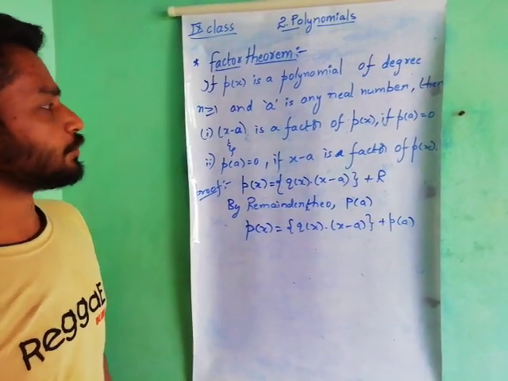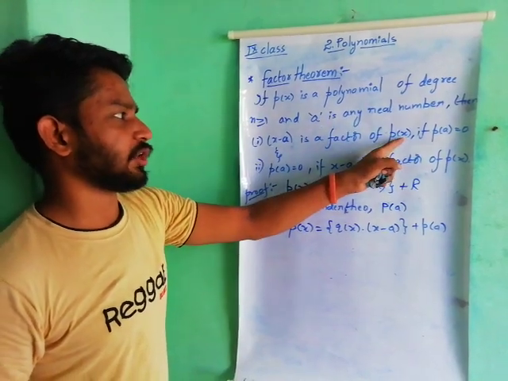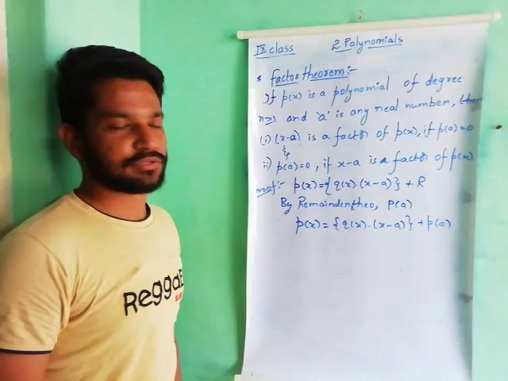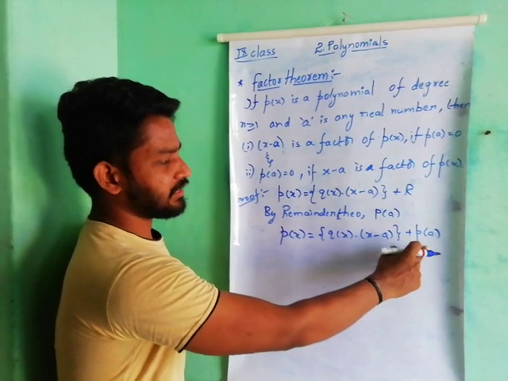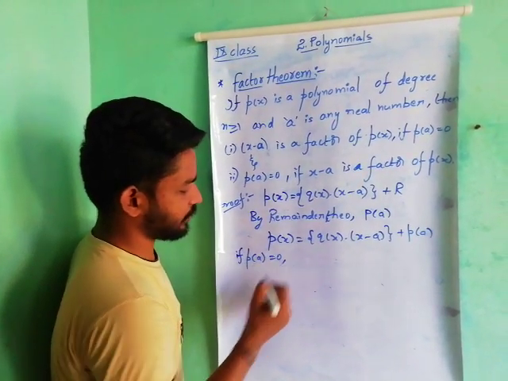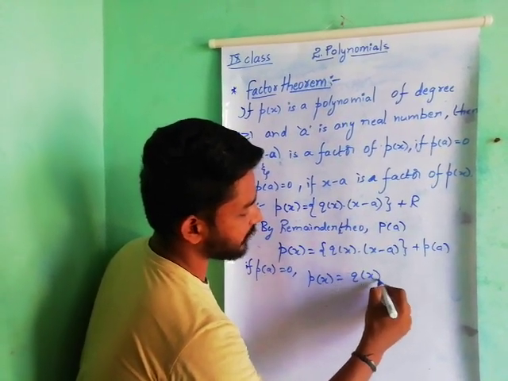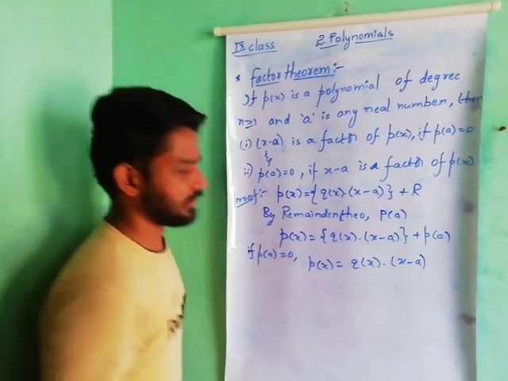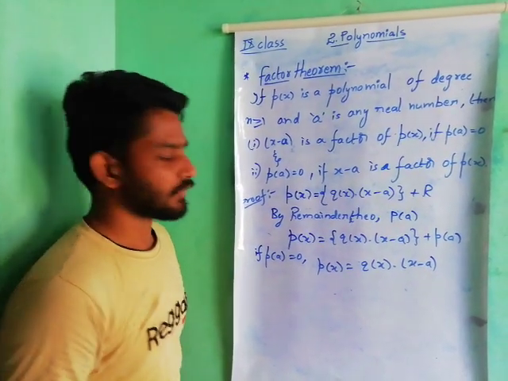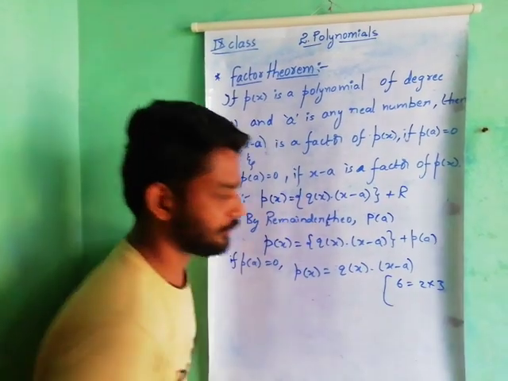Now we go to the first part. X minus a is a factor of p of x if p of a is equal to 0. If p of a is equal to 0, then p of x is equal to q of x into x minus a. A small example: 6 is equal to 2 into 3.